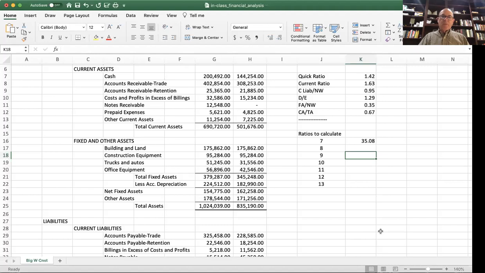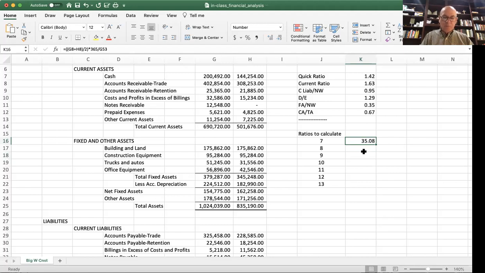So here we go back to the spreadsheet, and let's talk about these. First of all, this is the collection period without retention. We'll do the collection period with retention here in a minute, and that was 35.08.